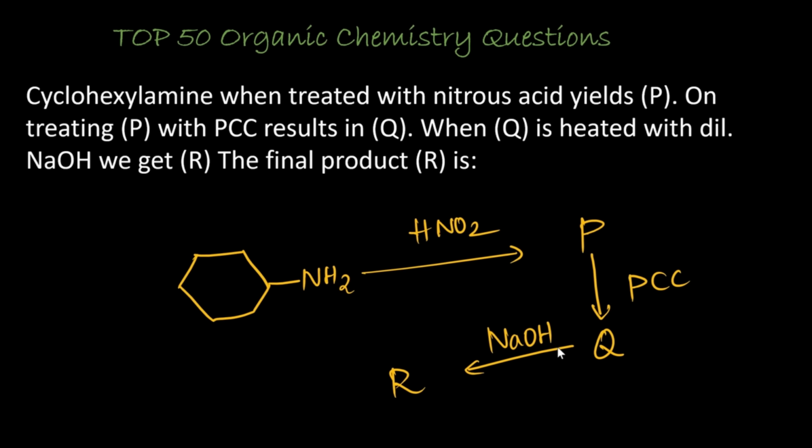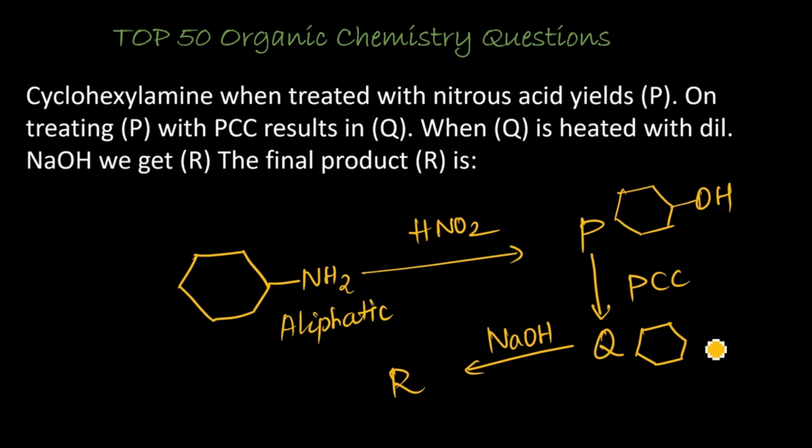First of all, what is the first reaction with nitrous acid? That is diazotization reaction. Remember, NaNO2 with HCl produces nitrous acid. But here this is an aliphatic amine, not aromatic, so it will not give you the benzene diazonium salt kind of thing. This will immediately form an alcohol. So the alcohol formed, that is P. With PCC, a mild oxidizing agent, which will give you the aldehyde group.